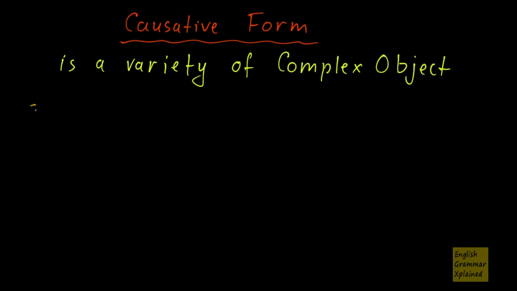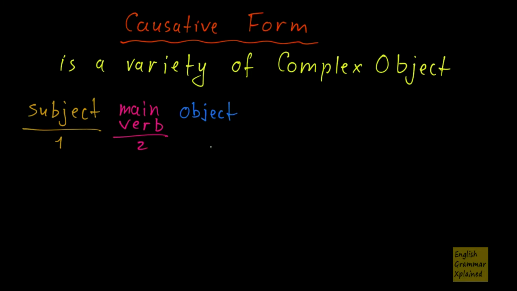It consists of the subject, firstly, then the main verb, that's the second place, then object number one, it can be a noun, it can be a pronoun, whatever, and then I can have an infinitive, some form of infinitive, or some form of participle, present participle or past participle.